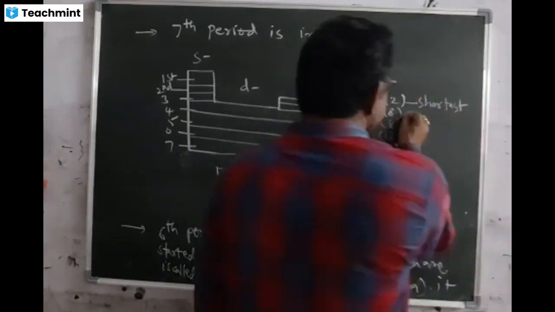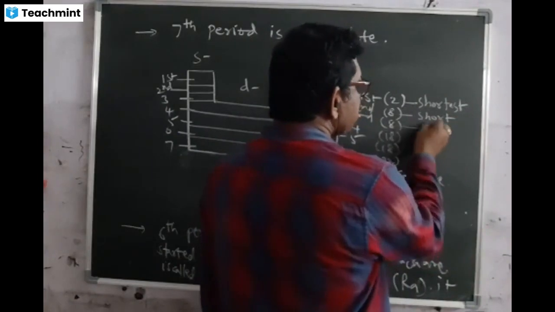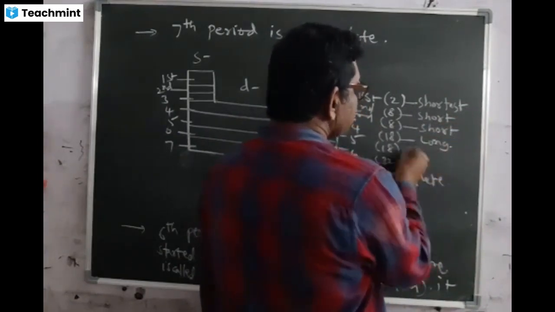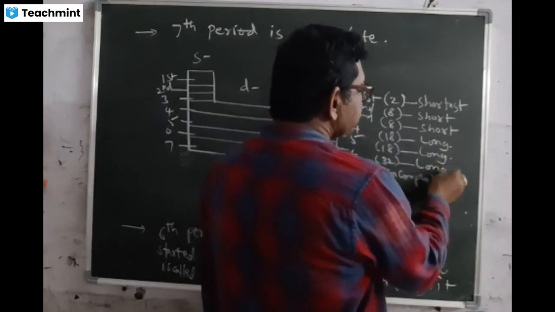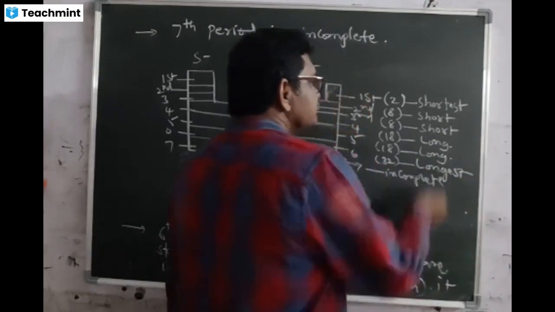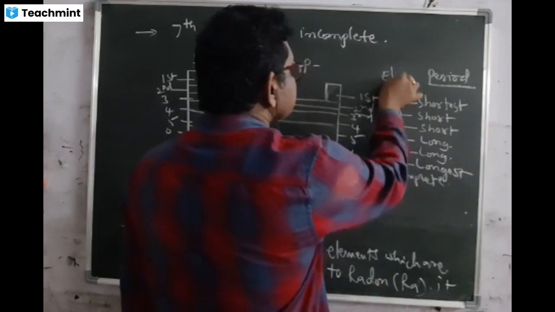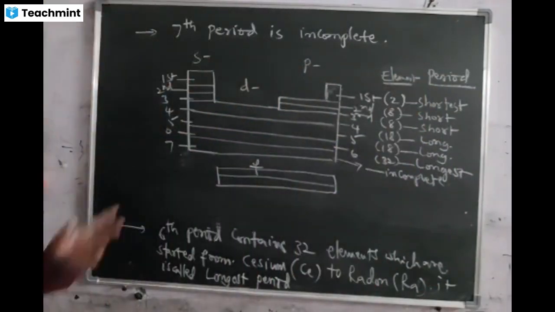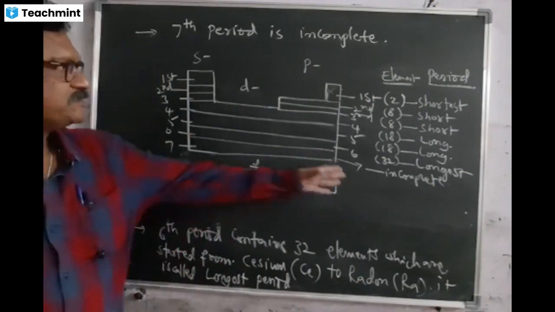A period containing 8 elements is a short period. 18 elements, long period. 32 elements, longest period. So this is period, this is element. Seventh period is incomplete.